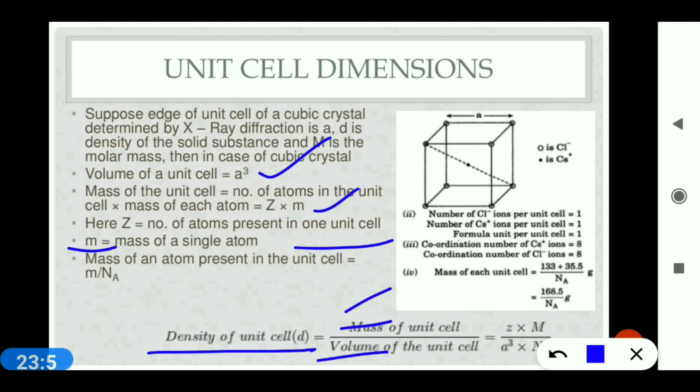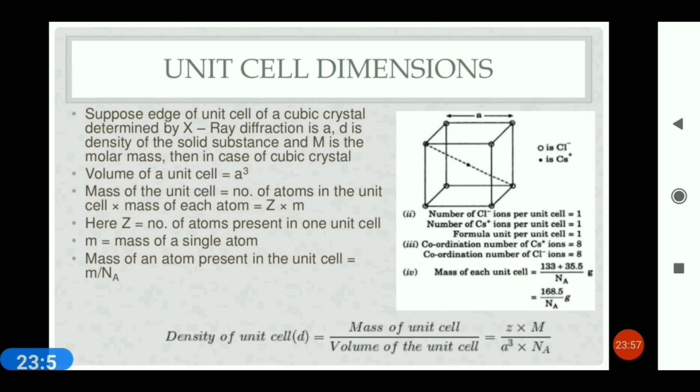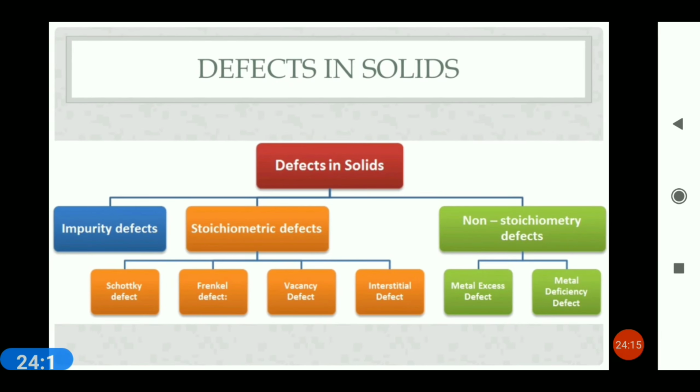So mass of unit cell will be Z into M and volume will be A cube into Avogadro number. So please remember the formula: Zm upon A cube into Avogadro number. On this numericals are there.